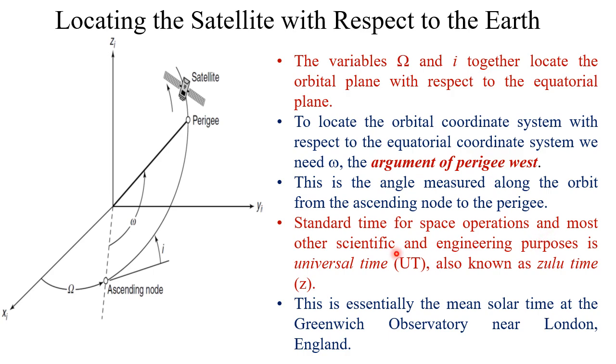Now what time do we use for satellite systems? That particular time is called the universal time. Sometimes it is also called the Zulu time. It is basically the mean solar time at the Greenwich Observatory near London, England.